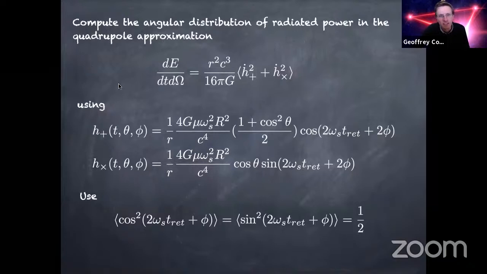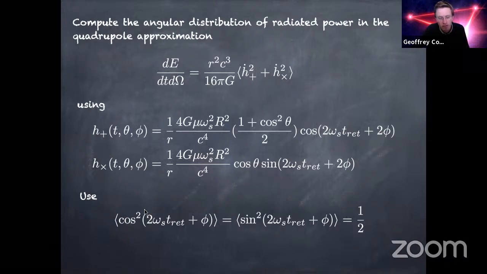So if we now compute the angular distribution of radiated power in the quadrupole approximation, this is the formula that was derived earlier, and this is the formula we just derived for the shape of the gravitational radiation. So now we want to plug that in, and note that we will square this, so we have a cos squared here, and the average of a cos squared is 1/2.